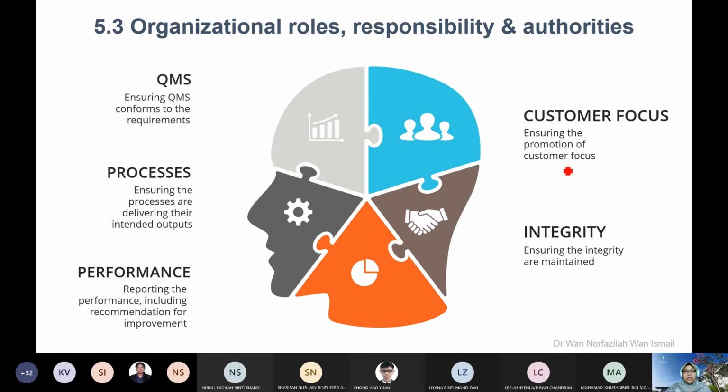Customer focus, ensure the promotion of customer focus. The leader should ensure the promotion of customer focus to those persons in charge in the lab. For a laboratory, usually the laboratory manager is the leader. So this leader, the lab manager, should ensure the promotion of customer focus. So he or she needs to make sure all the persons in charge in the lab, including cleaner, lab assistant, technical staff, students.